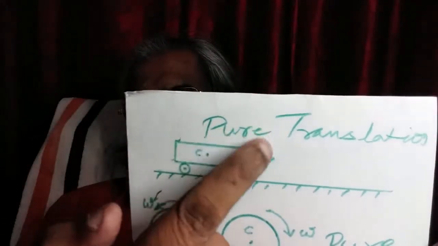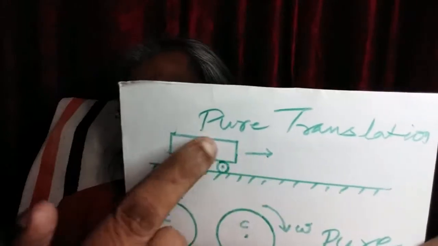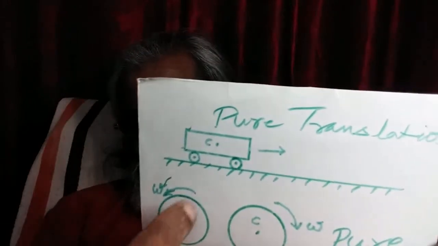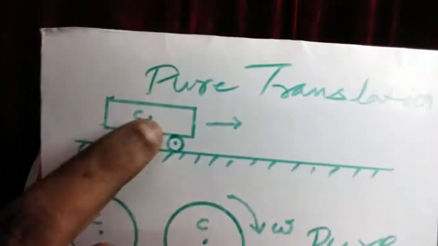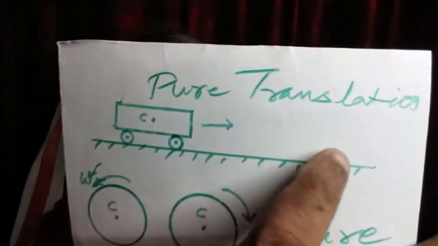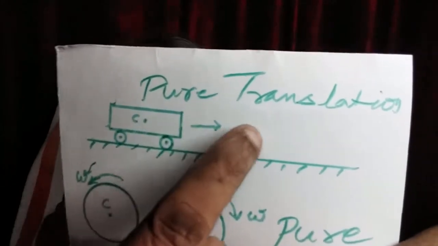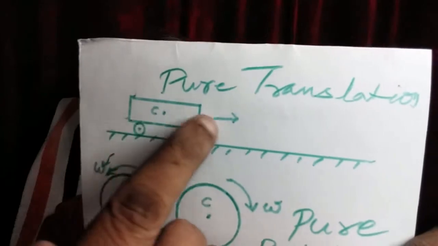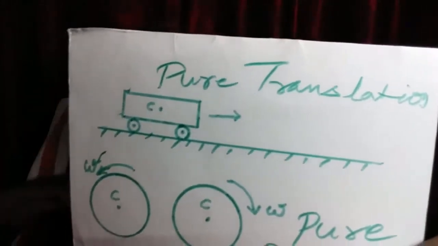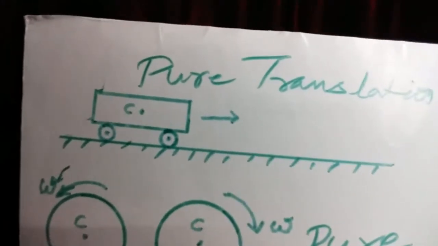This is a railway coach. It is moving to the right. Center of mass of the coach is C. As the train moves, the position of C changes continually along a straight path. This motion of the center of mass is nothing but pure translation.